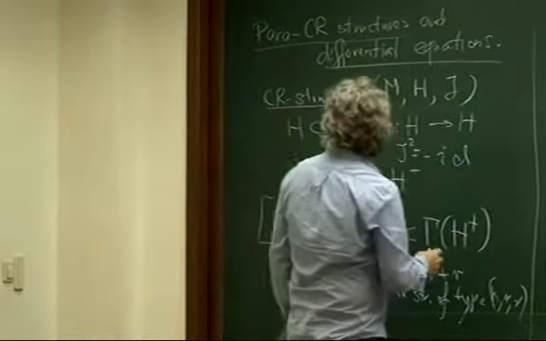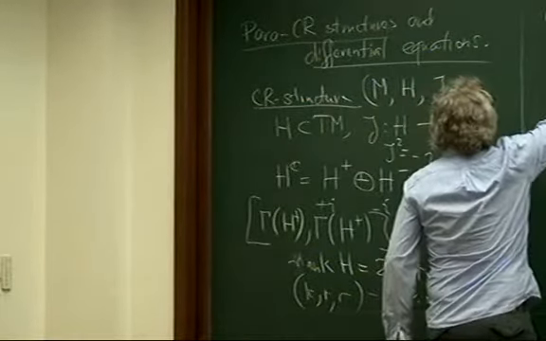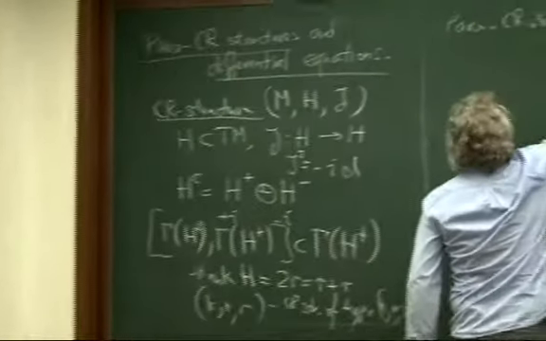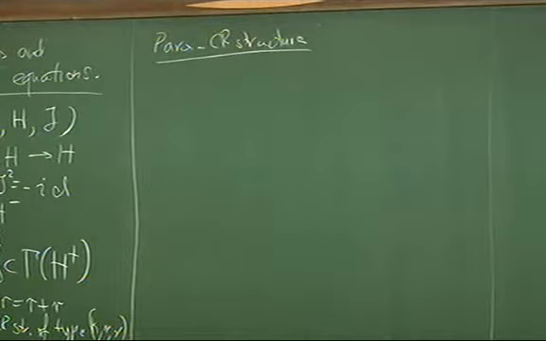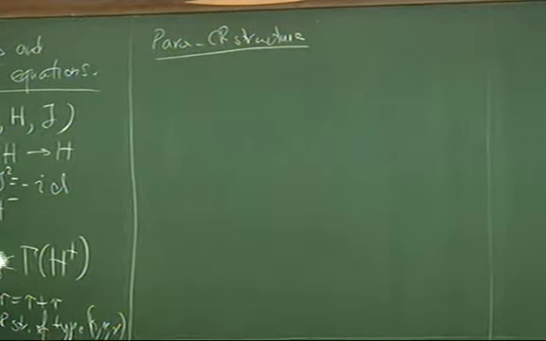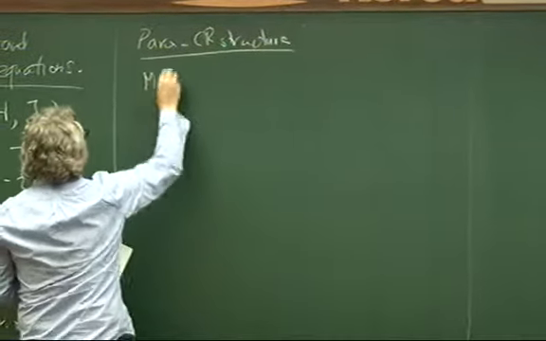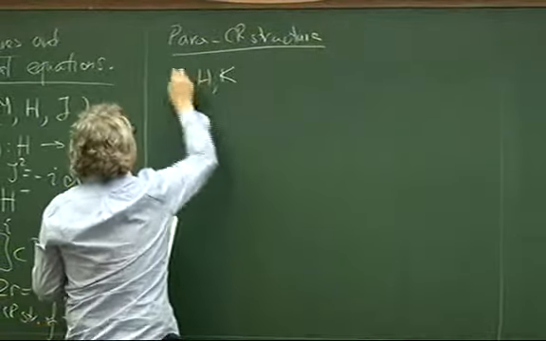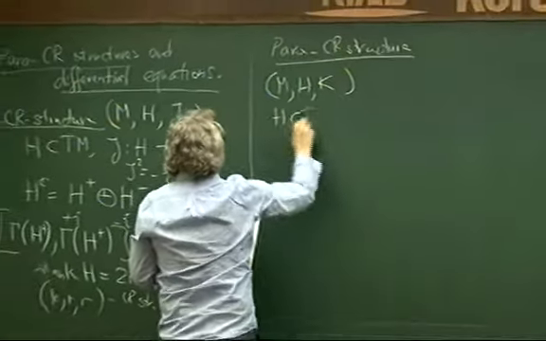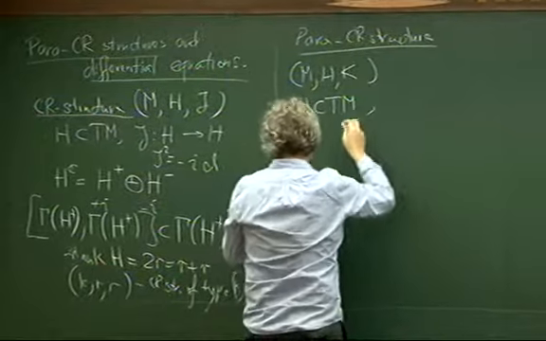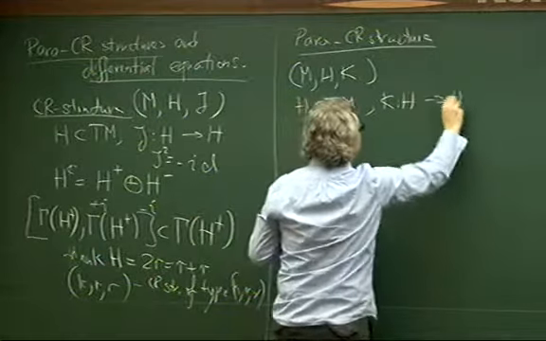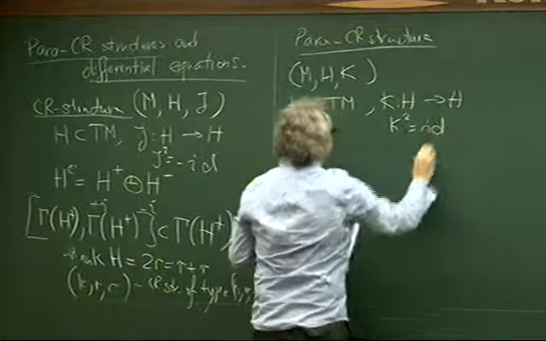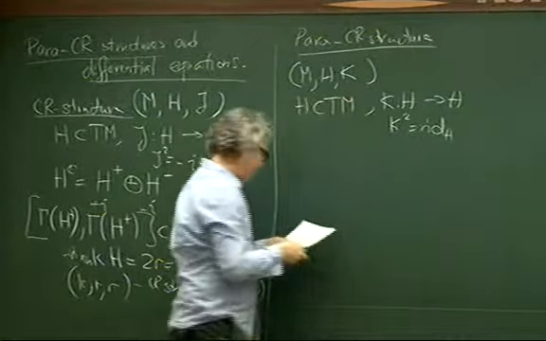So what is a para-CR structure for me? Essentially what I want to change here is this J, to be squared not to minus identity, but to plus identity. So I consider now M, H and linear operator K from H to H, such that K squared is now identity on H. Okay.